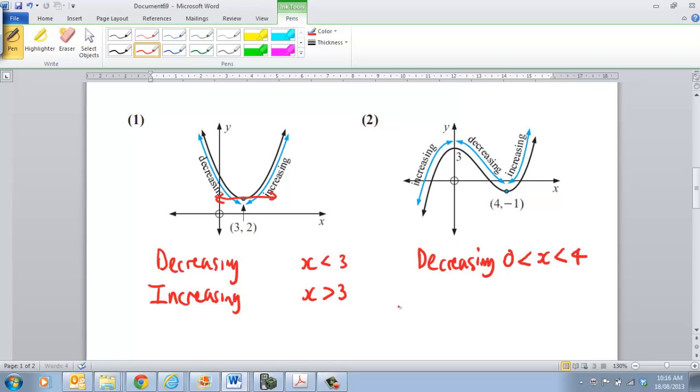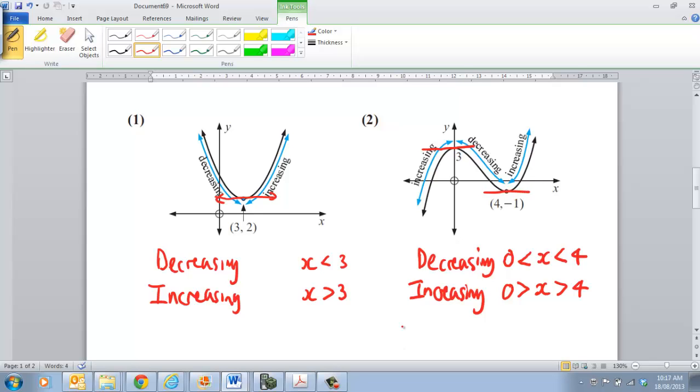I would say it is increasing when x is less than 0 and when x is greater than 4. And obviously at these 2 points here, our function's not increasing nor decreasing, it's stationary.